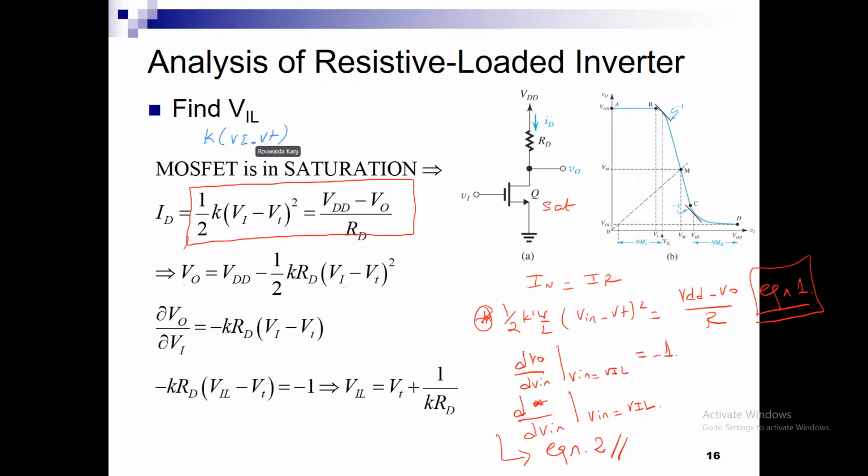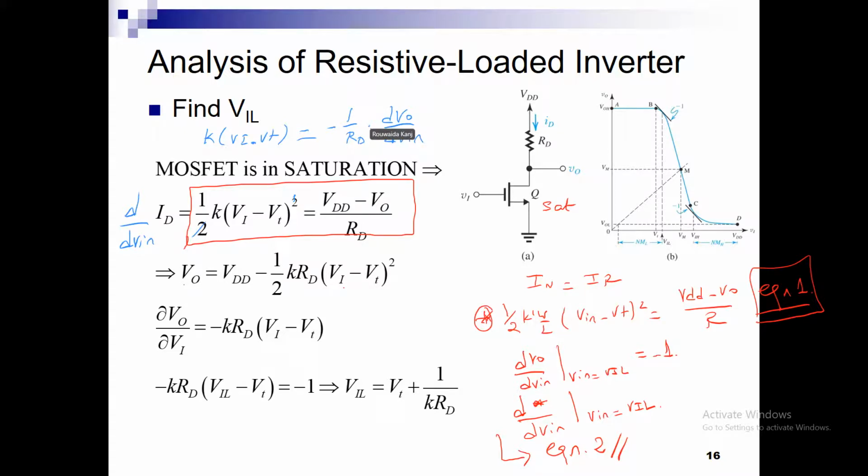On the other side, if I differentiate by dVn, the constant VDD drops down, and we will have -1 over RD times dVO by dVn.